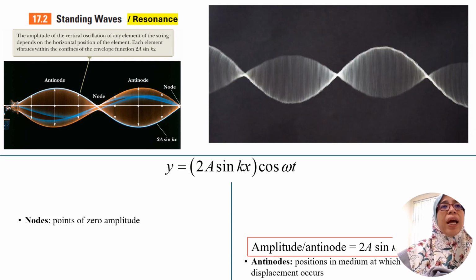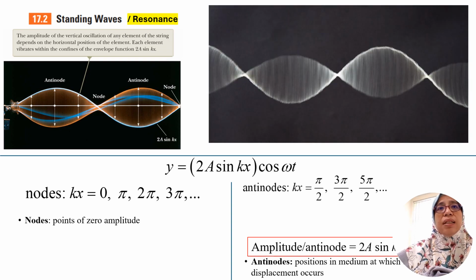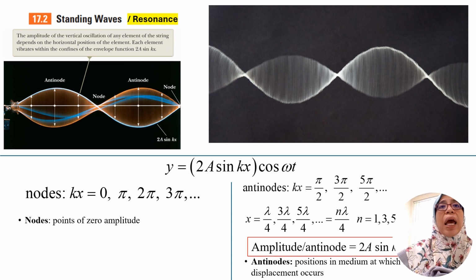Identify the nodes, whereby the positioning for nodes is kx equivalent to pi, 2 pi, 3 pi, where for anti-nodes kx itself is a product of pi over 2, half of it, and therefore x should be lambda over 4.